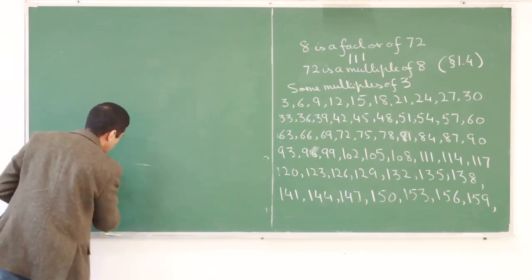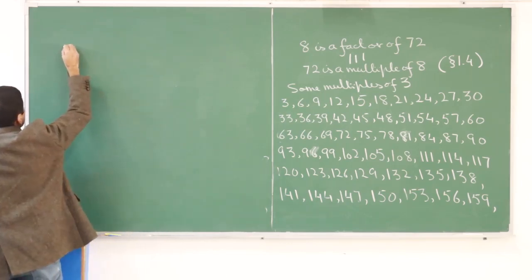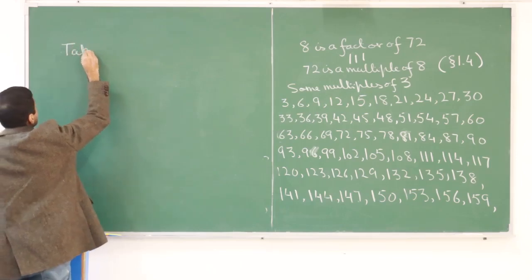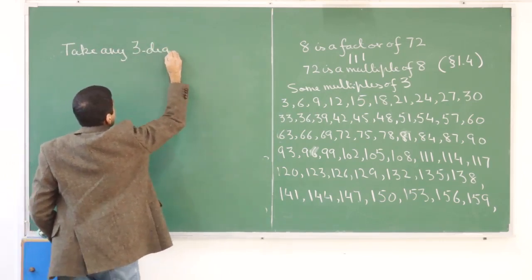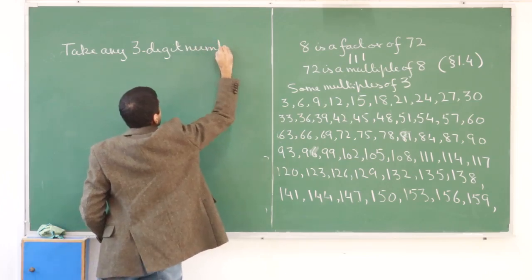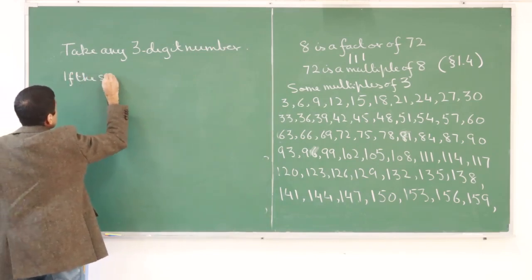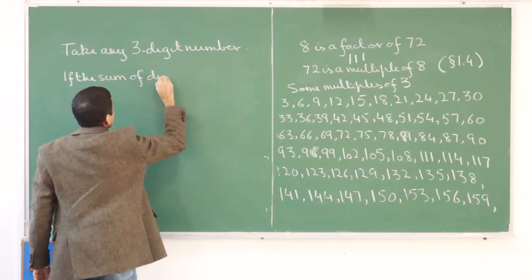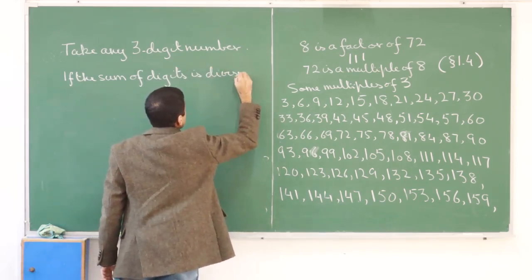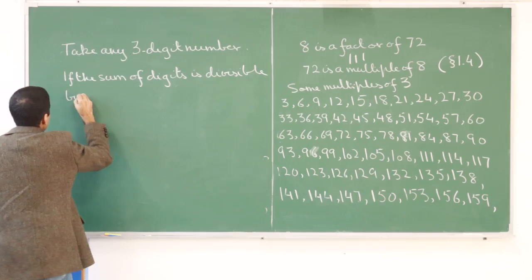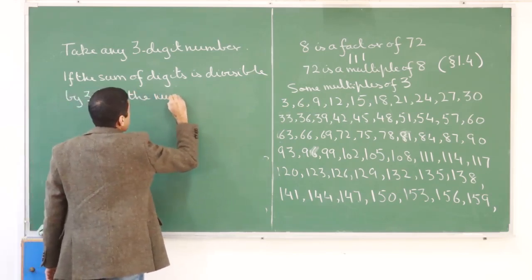And the statement that we have made, from what we have experienced so far, is this: take any 3-digit number, if the sum of digits is divisible by 3, then the number is divisible by 3.